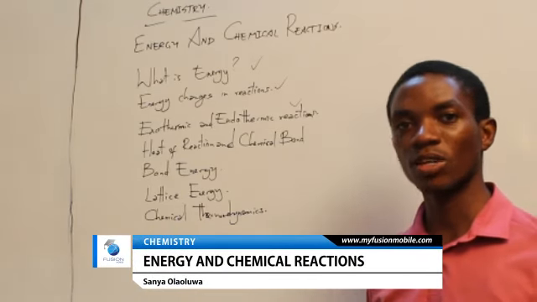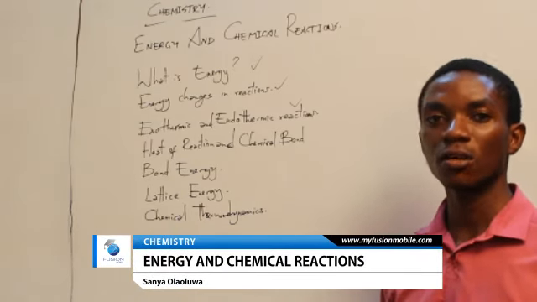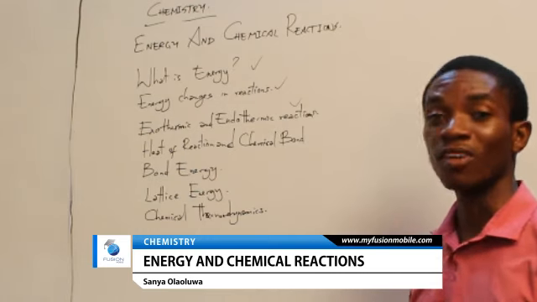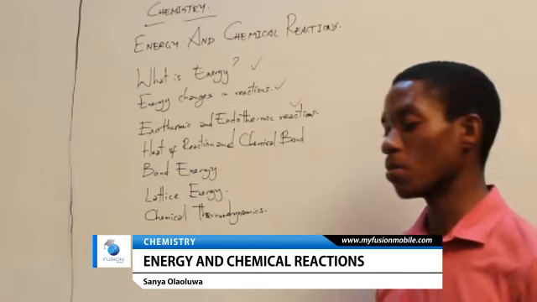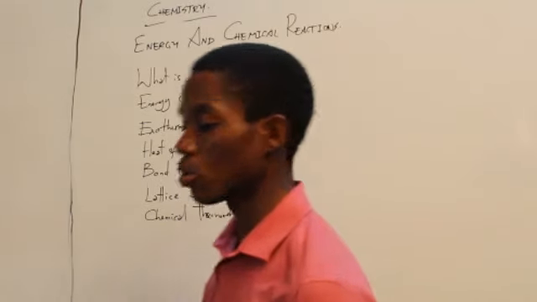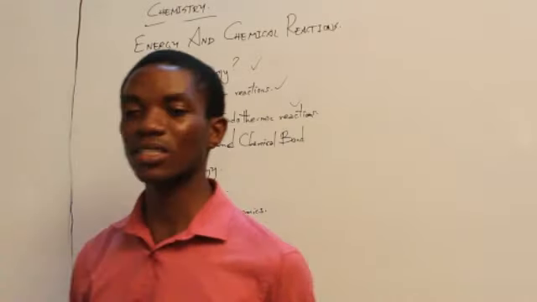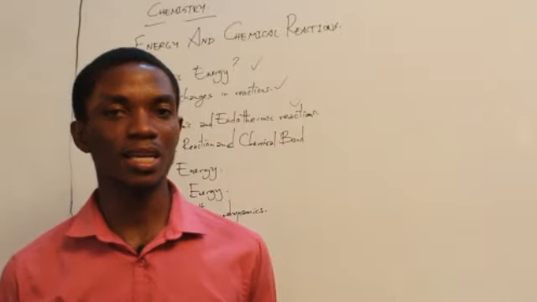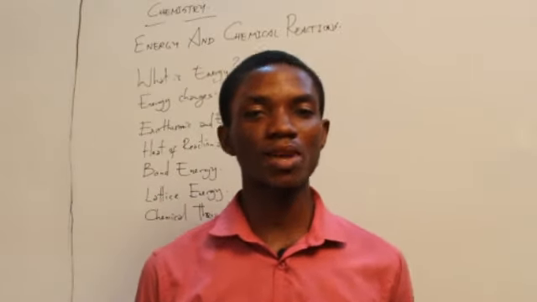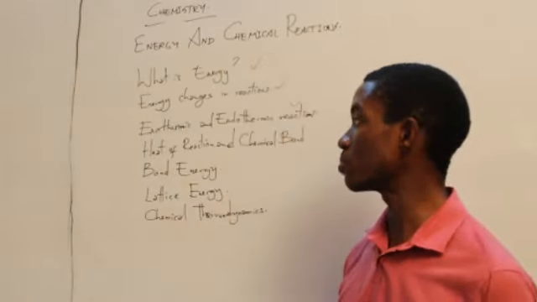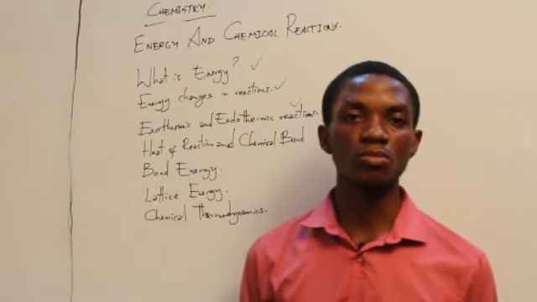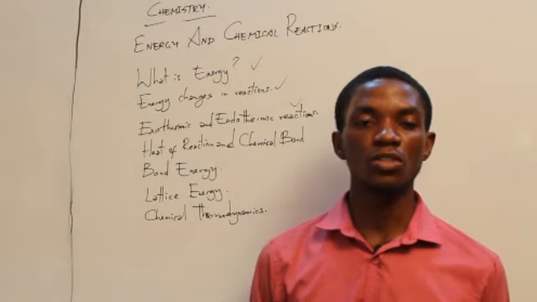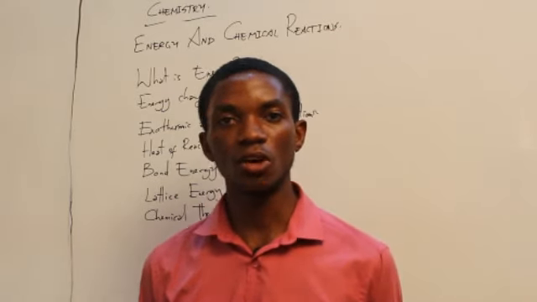Either it is released to the environment or it is gained by the environment, or it is gained by the system. So what are the different types of heat that are involved in chemical reactions? We have quite a number of them, ranging from heat of reaction to heat of neutralization and all the rest of them.